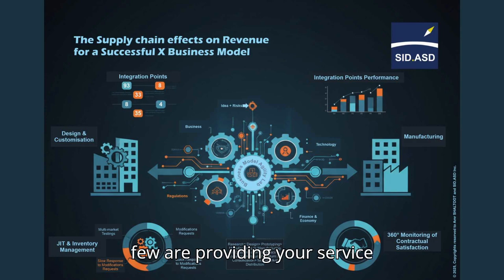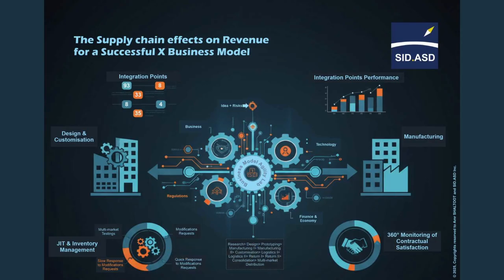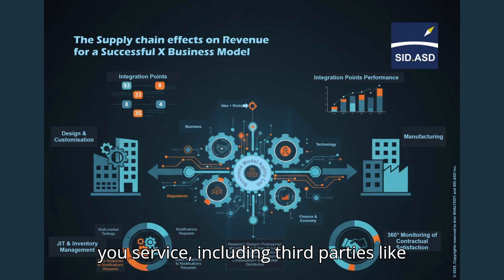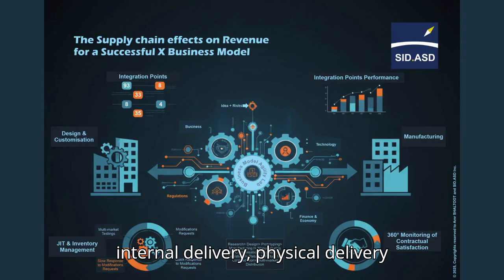Finally, if you are providing your service or product across the globe, or in a few markets other than your domestic market, you need those writers, those component providers, those third parties and your internal team to bring you all the components, all the parts required to provide your service, including third parties like payment gateways, or if you have an internal physical delivery team or a third party delivery team.